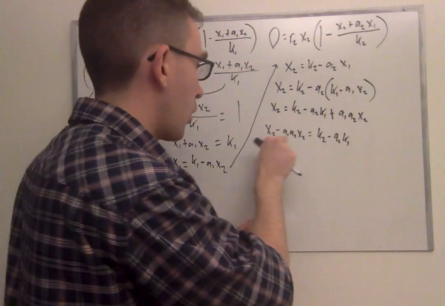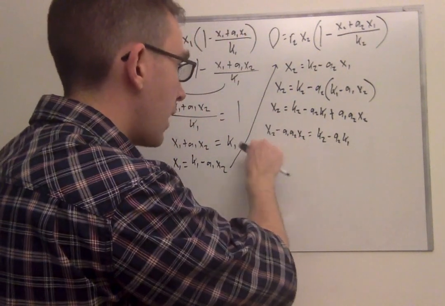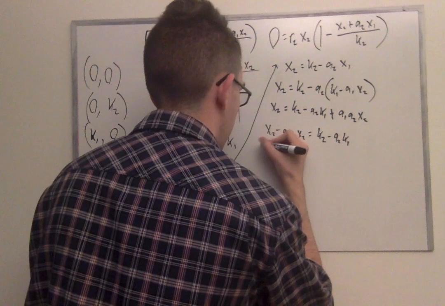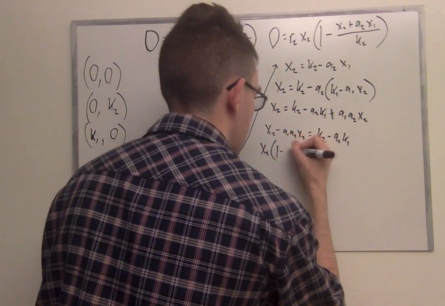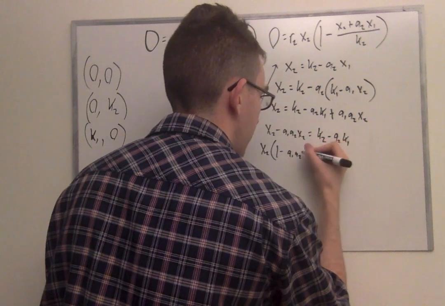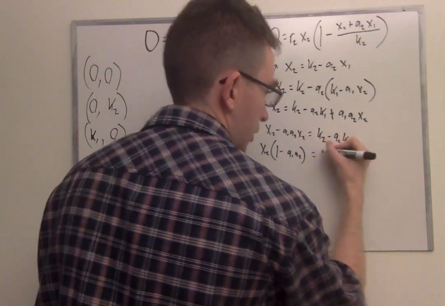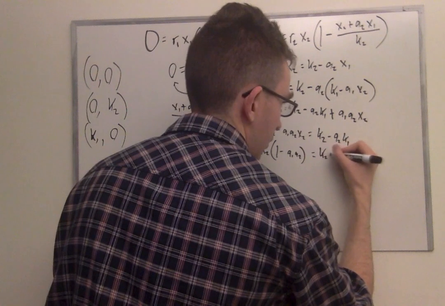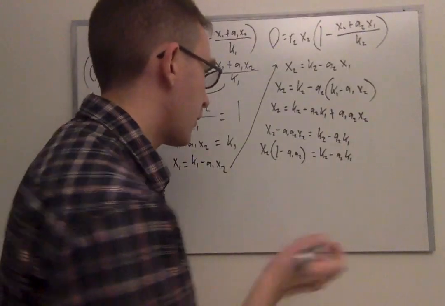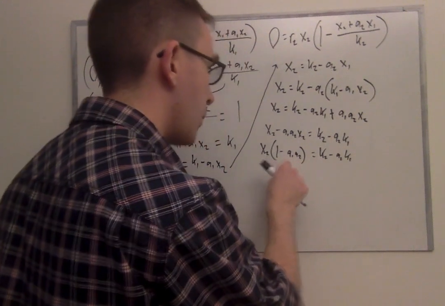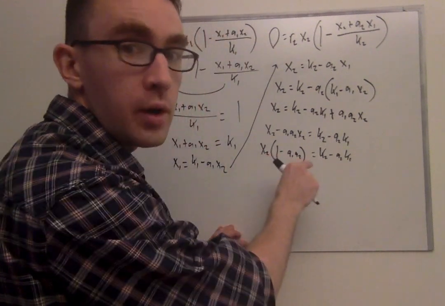Then we're going to take x2 out of this and write it as x2 times (1 minus a1 a2) equals k2 minus a2 k1. And for the last step, just divide both sides by 1 minus a1 a2.